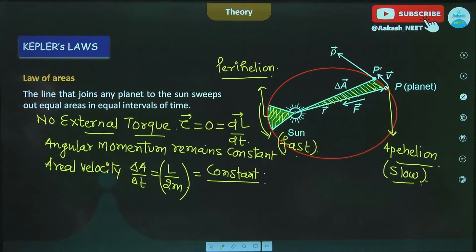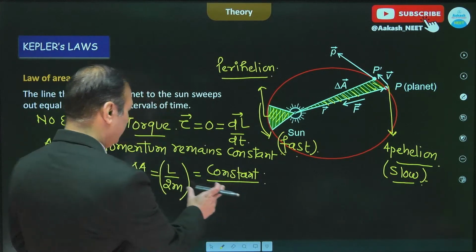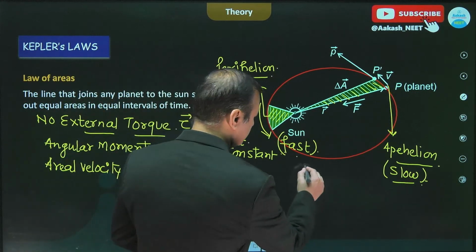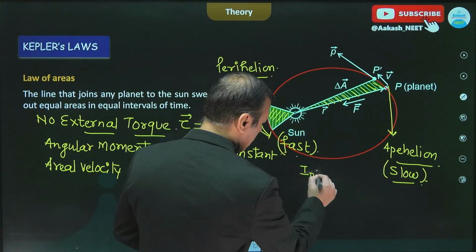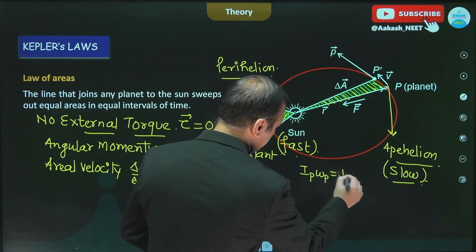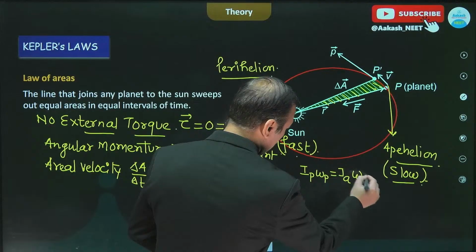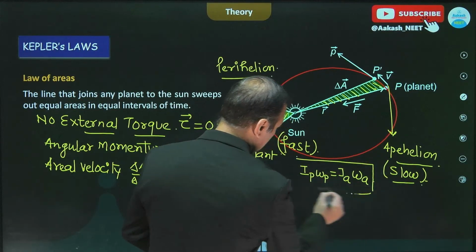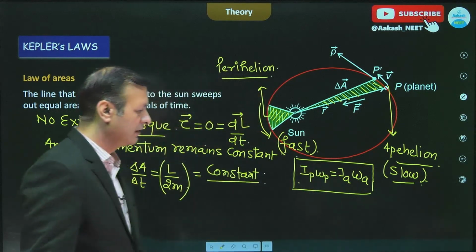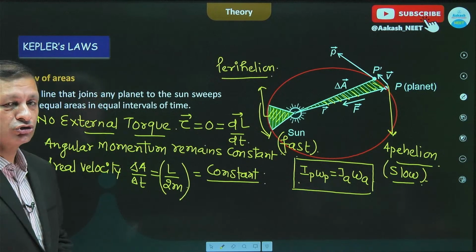This we can understand from one, again, very important principle, because this angular momentum remains constant. So it means Ip omega p is equal to Ia omega a. So I omega also remains constant.